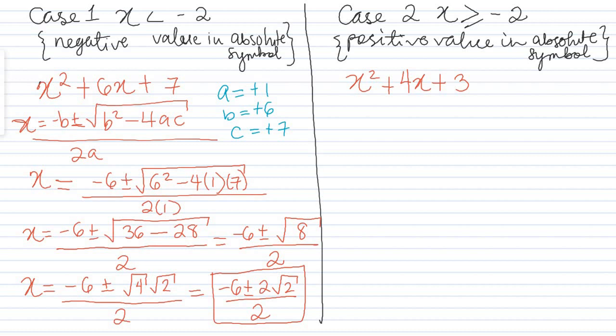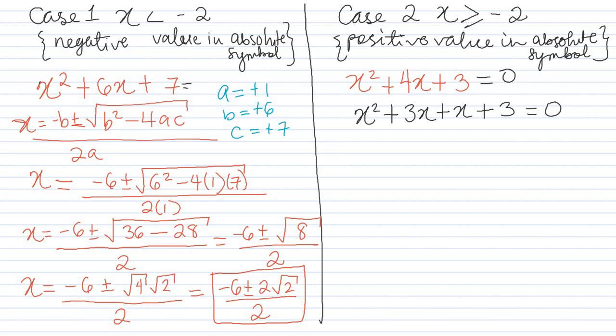I can change whatever is in the middle here to be x squared plus 3x plus x plus 3, because the two factors would be 3 and 1, because positive 3 plus positive 1 is positive 4, and positive 3 times positive 1 is positive 3. So what we're doing here is fine. So I can just do the factorization method.